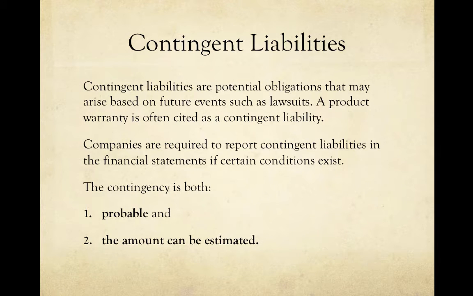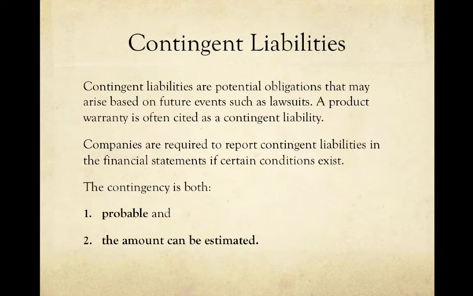And moving on to contingent liabilities. Contingent liabilities are potential obligations that may arise based on future events, such as a lawsuit. A product warranty is often cited as a contingent liability too.